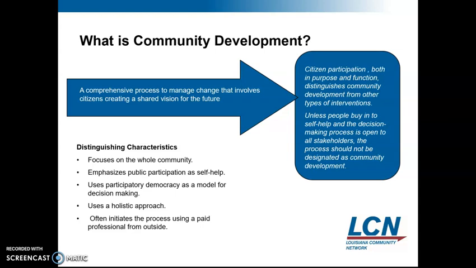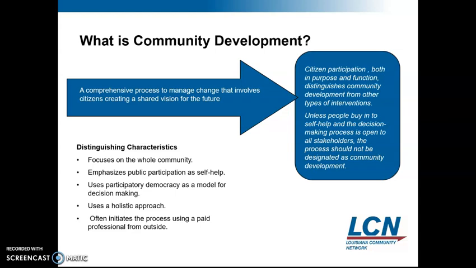Citizen participation, both in purpose and function, distinguishes community development from other types of interventions. Unless people buy into self-help and the decision-making process is open to all stakeholders, the process should not be designed as community development.